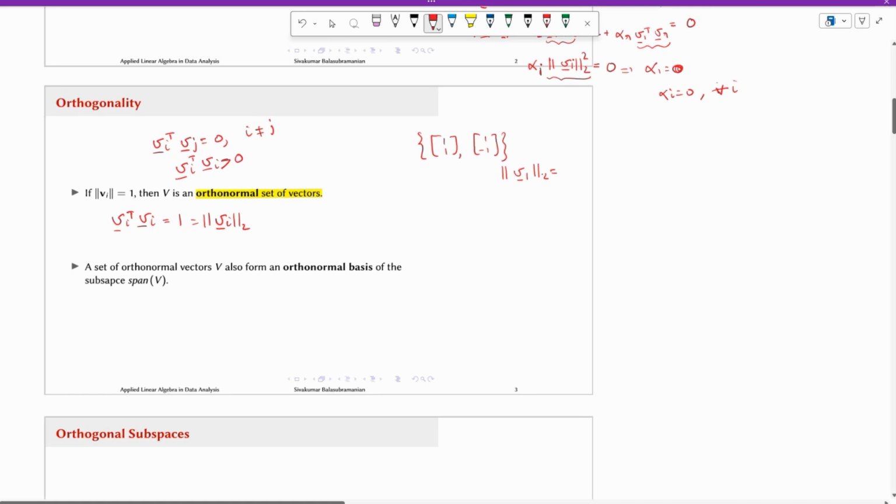The Euclidean norm of V1 is the square root of V1 transpose V1. Tell me what that is. What about this one?